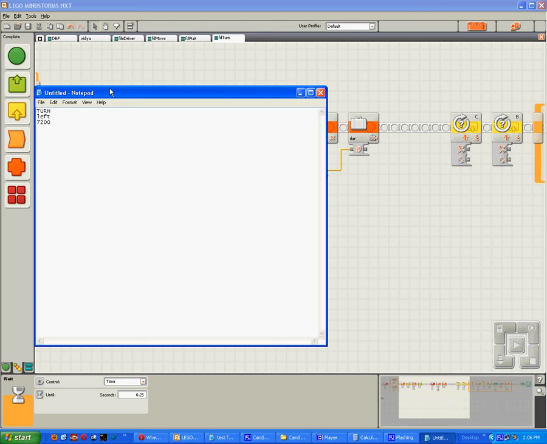So if you tell it to turn one rotation to the left, it's not going to generate one turn. If you tell it to spin for one rotation to the left, it's not going to generate one turn. A turn is its space and its heading out here in the real world. And the rotations is just what the motors understand as the motors spin around. So there's a disconnect, and we have to figure out what that is. Thankfully, it is a ratio, and we can figure that out.